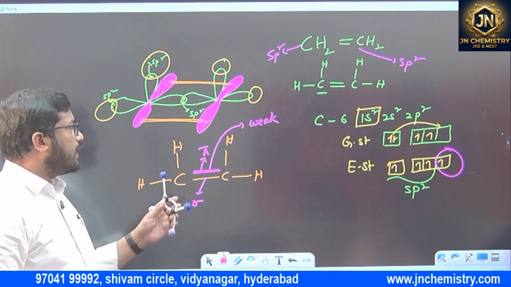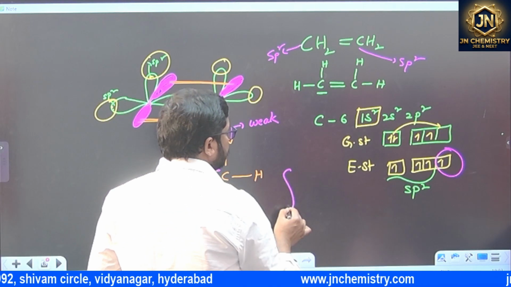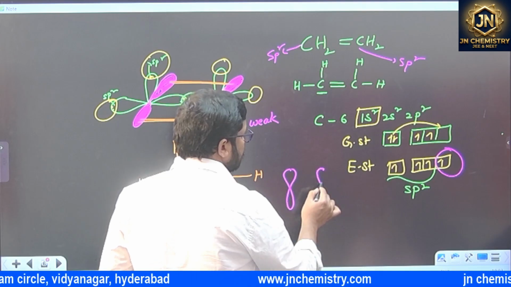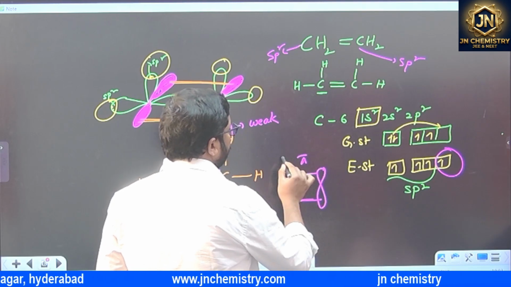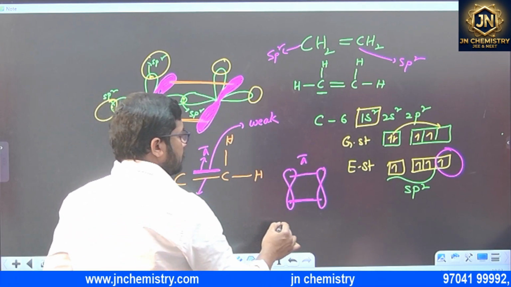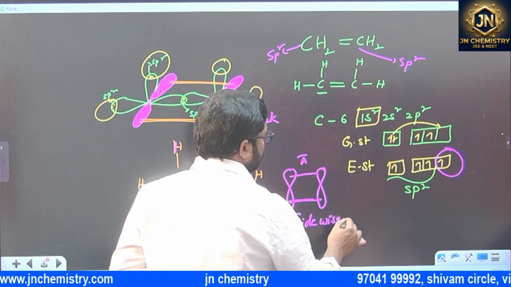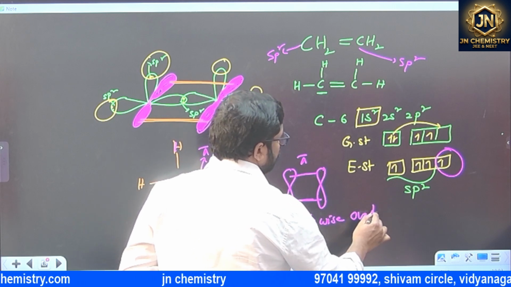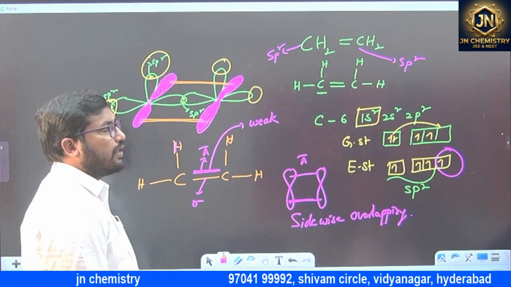How do we get the pi bond? Sidewise overlapping of p orbitals. Write that point. Sidewise overlapping of p orbitals.